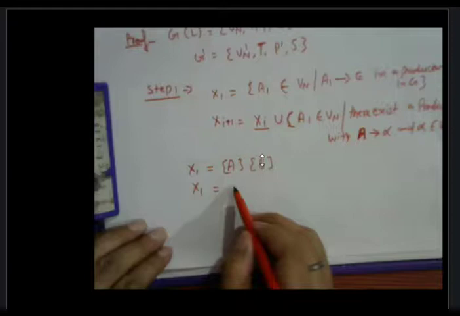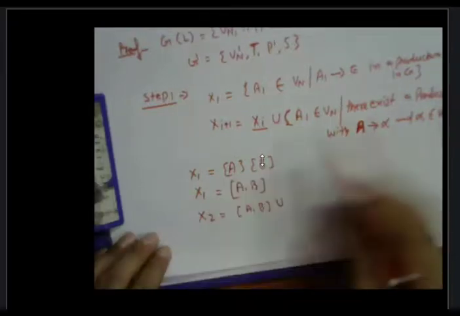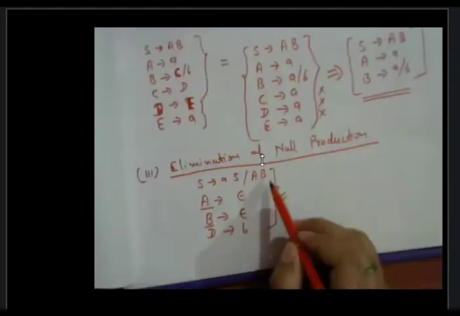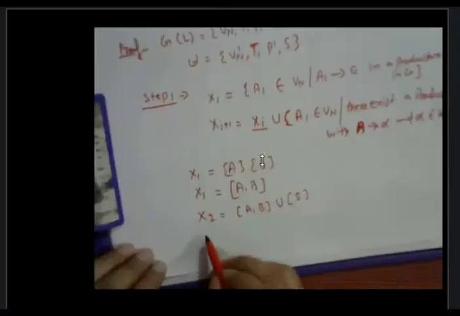It means A and B, which are the symbols which can derive these variables. These variables can be derived with the help of S. Then we can add S in the table. Then the value of X2 is equal to A, B, and S.